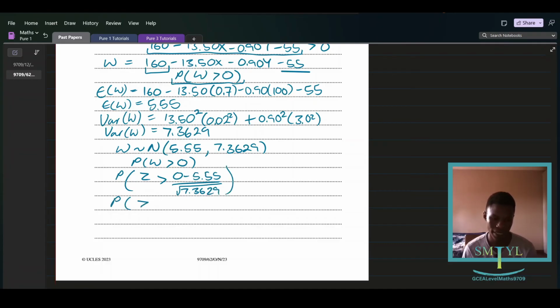Punch that into your calculator: negative 5.55 over the square root of 7.3629 gives us negative 2.045. And this would be phi of 2.045. Read this value off your normal distribution tables and you should get 0.9795, and this would be our final answer.